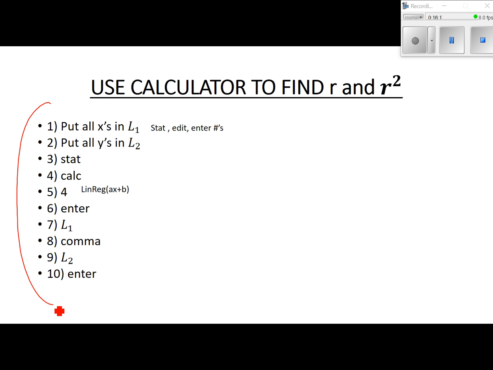It's the exact same steps as finding the a and the b, the slope and the y-intercept for your line of regression. This only works on your calculator if you've done that other video that I sent out, so that it shows r squared and r.